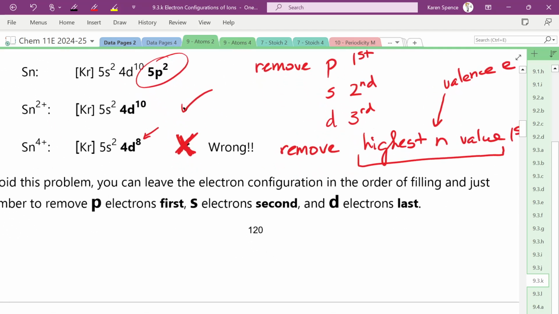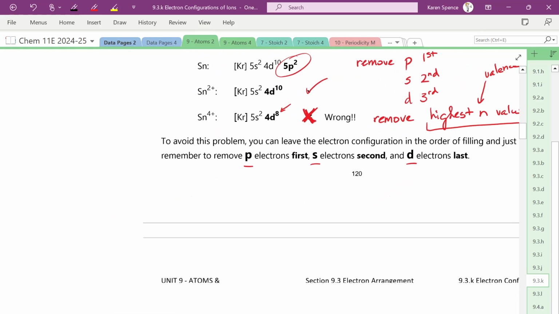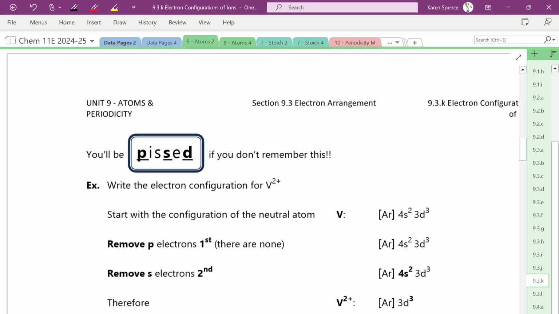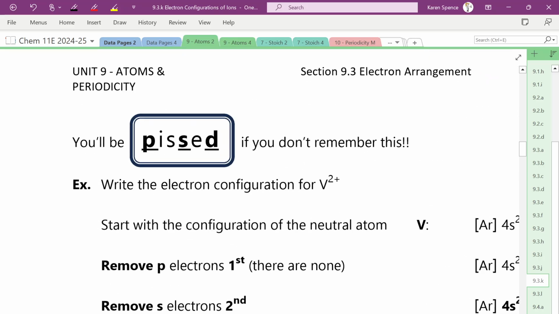So remove p before s before d, and if you don't do that, you will be wrong. But you don't have to remember that, because you can always just think, I'm not going to remove the 4d, I'm going to remove the 5s because that's a higher energy level. Always remove from the highest energy level.